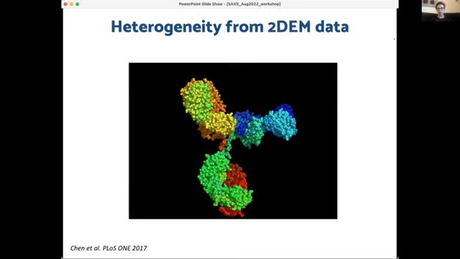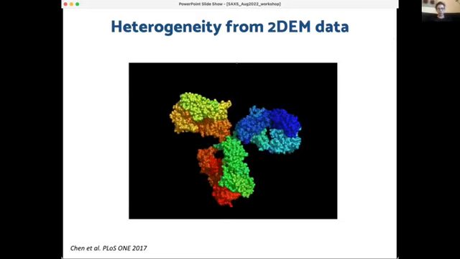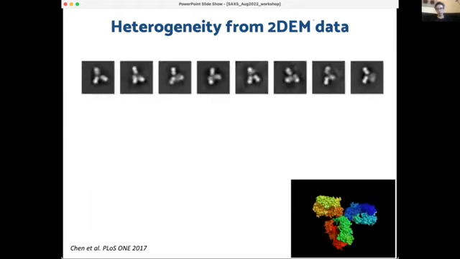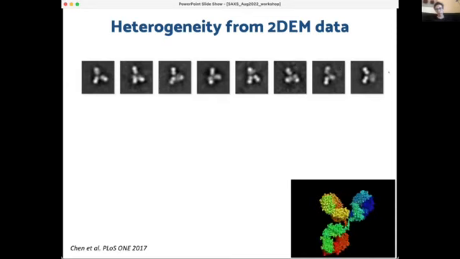This is EM data, 2D. This is an antibody, and we can sample the antibody with the same sampling approaches, and then we can fit it to 2D class averages. So this is very low resolution data, but because of the Y shape of the antibody, we can clearly see what's going on, and we have an atomic resolution structure.